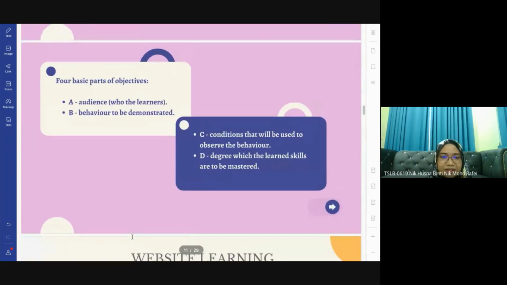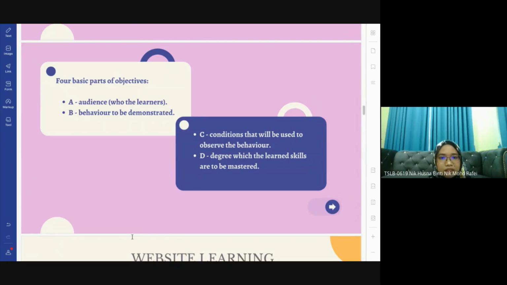Next, there are 4 basic parts of objectives, which are A, B, C, D. A is for audience, which is who are the learners. And then B is for the behavior to be demonstrated. For example, he can do it.